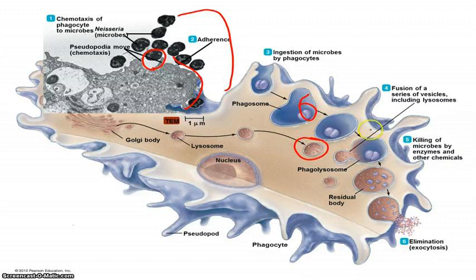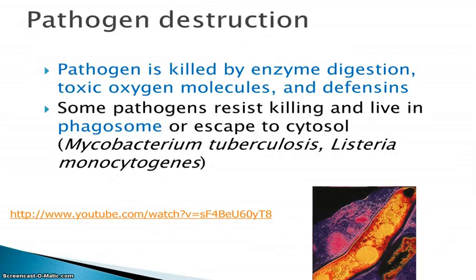So when that lysosome meets the phagosome, you just smash those two words together, leads you to the phagolysosome. That's going to dump all of those digestive enzymes and all of that stuff onto the bacterium, which is going to kill it. And then waste will get spit out if there's any waste.